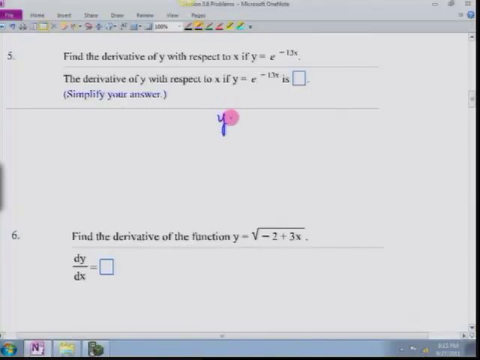We've got y equals e to the negative 13x. So dy dx is what? E to the negative 13x times negative 13.